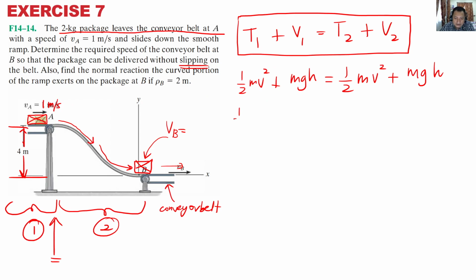Okay, so half mass will be cancelled out. If you look at this equation, mass basically can be cancelled out. You're going to be left with half v squared plus gh equals half v squared plus gh.